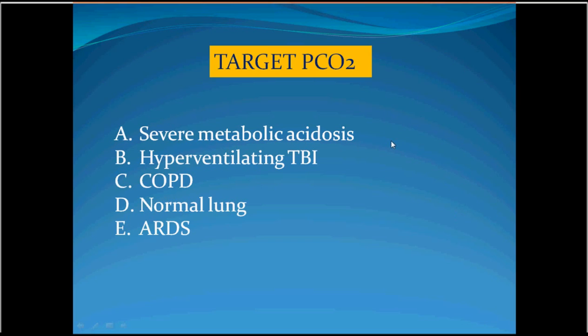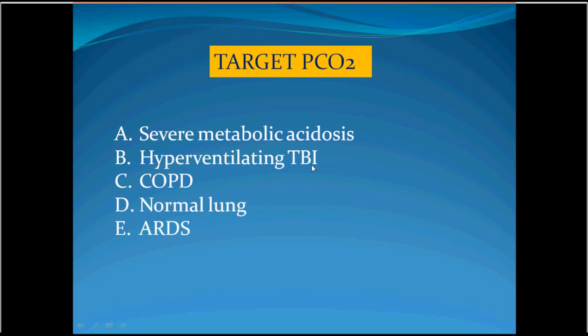Say the patient is having severe metabolic acidosis. In this case, your target point is not carbon dioxide. I am going to wash out carbon dioxide in order to bring the pH close to normal. So in this case, you are going to increase the rate or the tidal volume or the two together in order to reach the target, keeping in mind the precautions for the tidal volume and respiratory rate. The target is to wash out carbon dioxide to reach a pH close to normal.